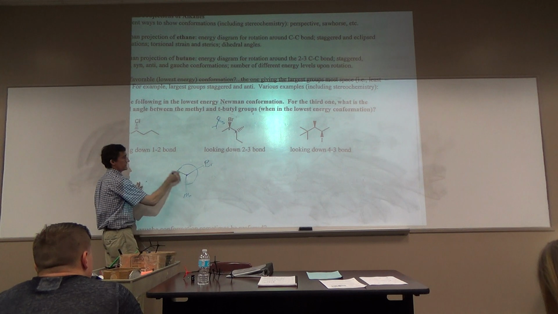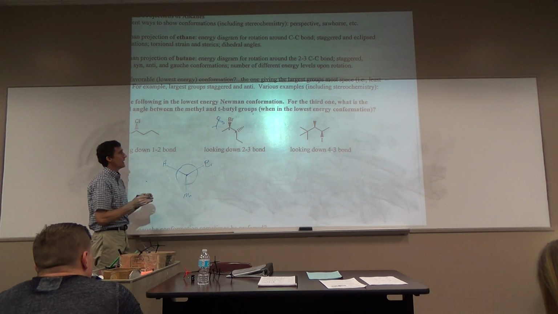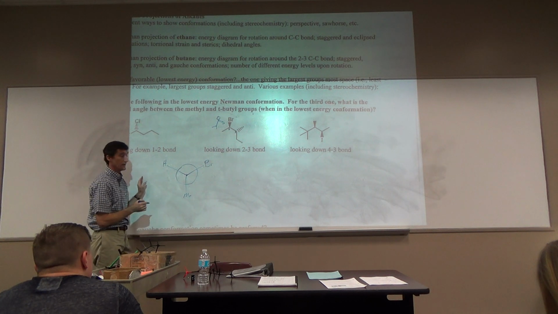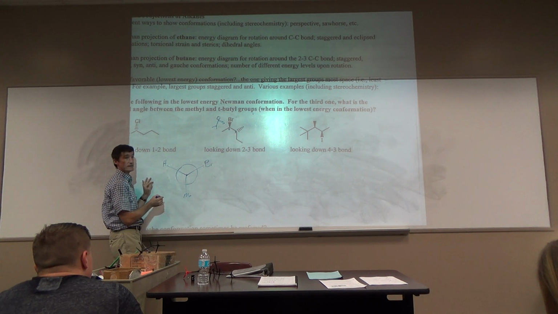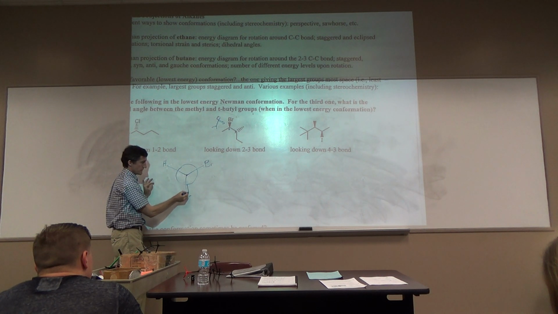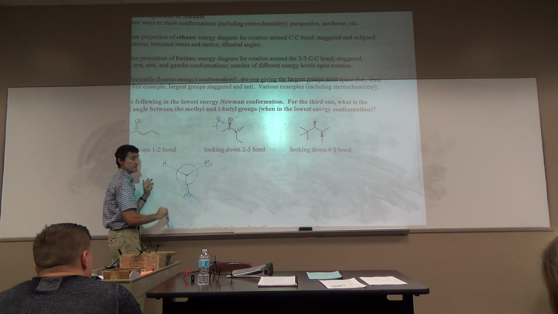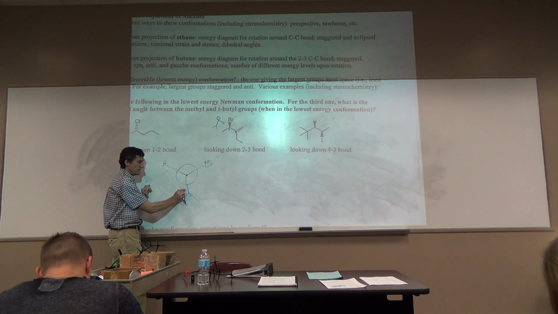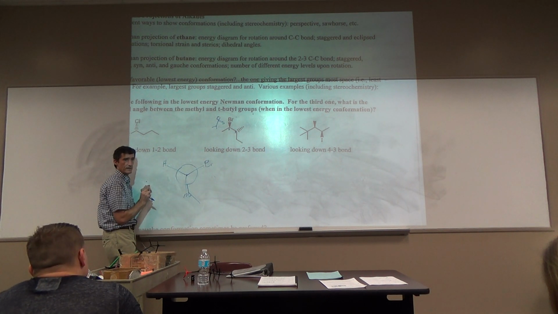And there's also an H there coming this way. Carbon 3, I see an ethyl coming also straight down. Correct? Yes. So that ethyl group is eclipsing the methyl. Now it's directly behind it, but I can't draw it directly behind it. So you draw the eclipsing a little bit to the side, okay?